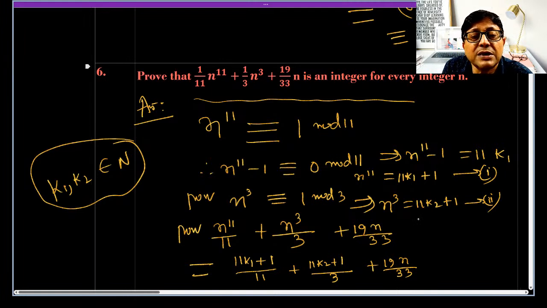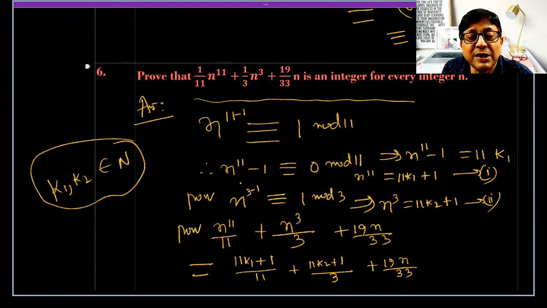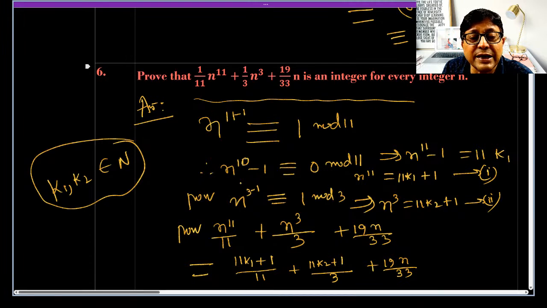Acha, one thing, this is n to the power 11 minus 1. No one commented on this. So this is basically going to be n to the power 10 minus 1 is 0. So you multiply by n on both sides.